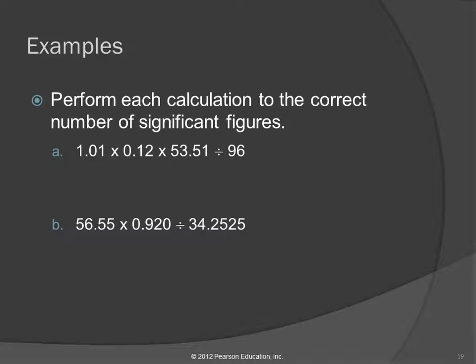Let's go ahead and do these examples. Perform each calculation to the correct number of significant figures. So first, just do it on your calculator. So 1.01 times 0.12 times 53.51 divided by 96.